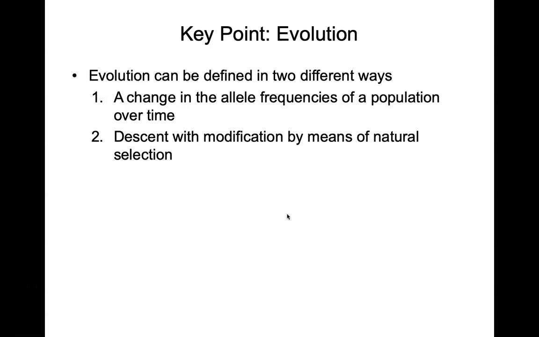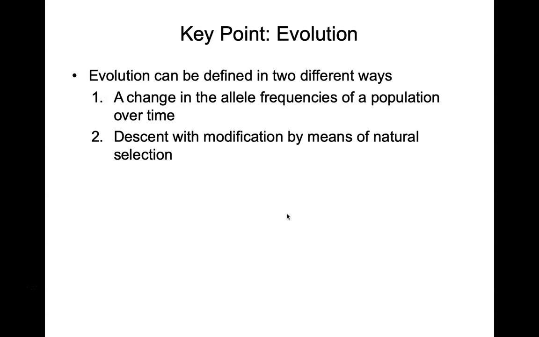The other way you can define evolution is by descent with modification. This means that organisms are similar to one another because they are related by a common ancestor, but they are different because over time their populations have been modified so that those groups of organisms better fit their environment.